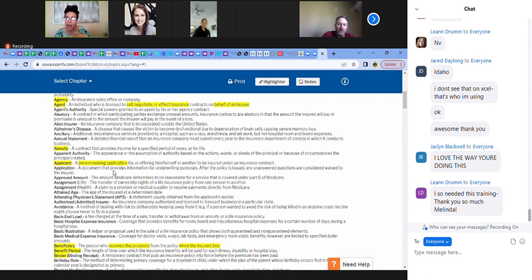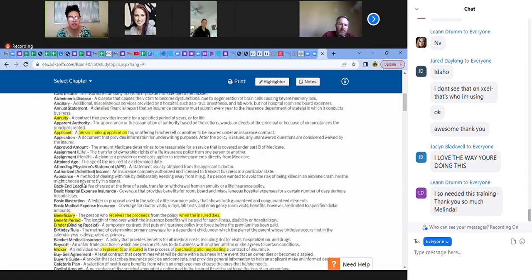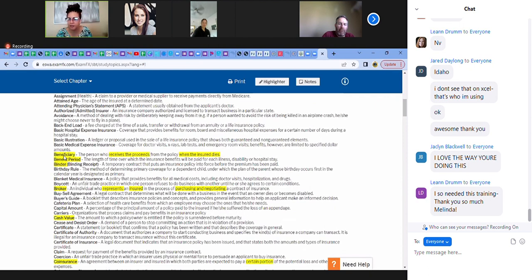So the applicant would be me. That's the second person. The third person is going to be the beneficiary, right? The beneficiary is the person who receives the proceeds when the insured dies. The fourth person is the payer, whoever's paying the policy.